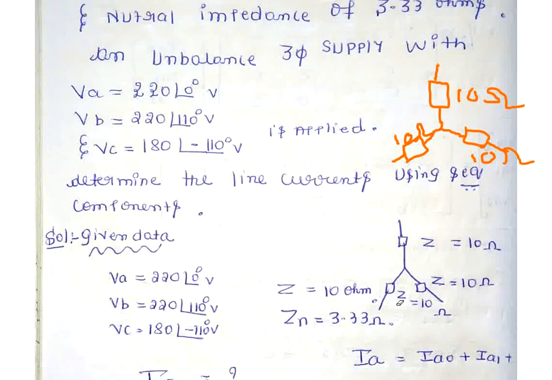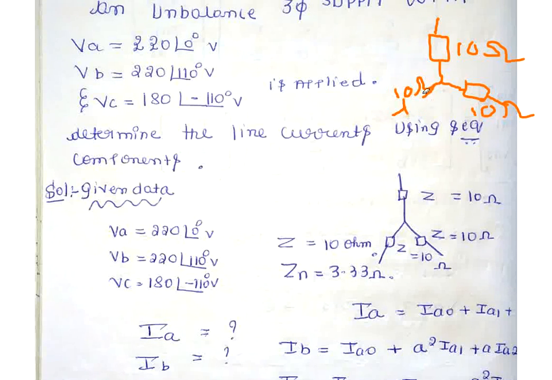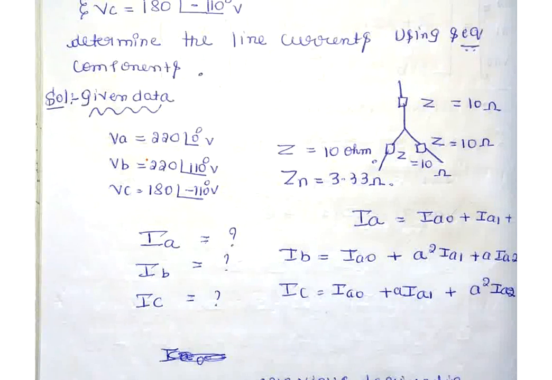So similarly, VA, VB, VC have been given.